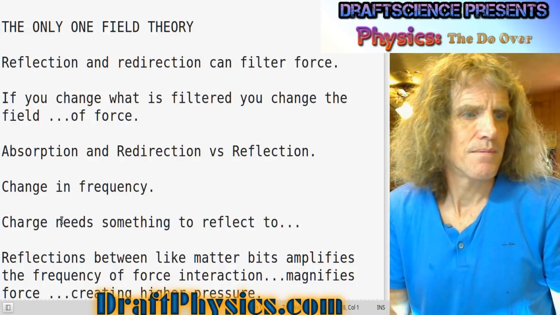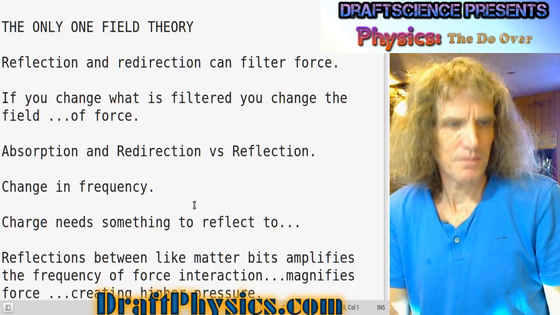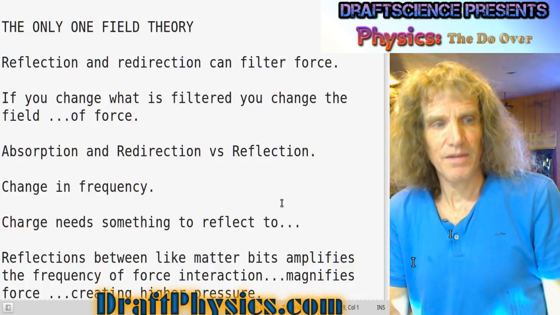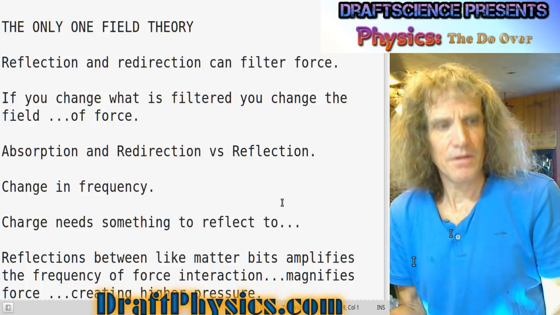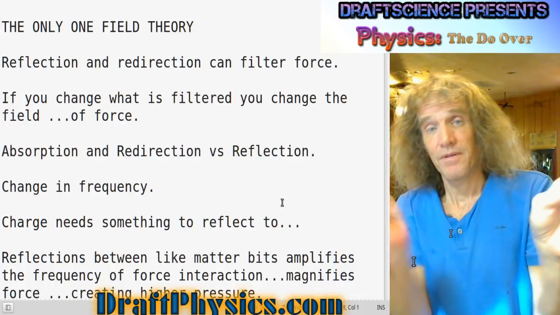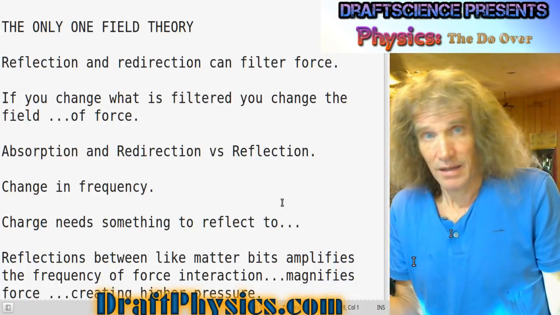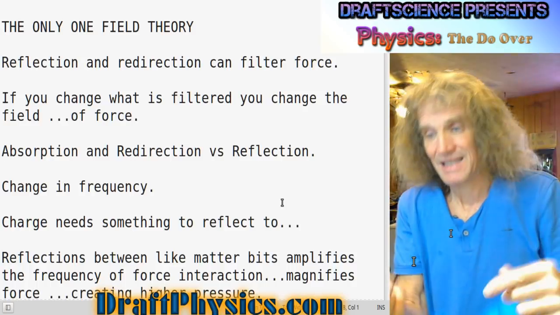All right. Absorption and reflection versus absorption and redirection versus reflection. So reflection causes momentum, a little bit of movement in the little bit, but absorption and redirection doesn't cost anything, because technically it's just two force bits hitting each other inside.